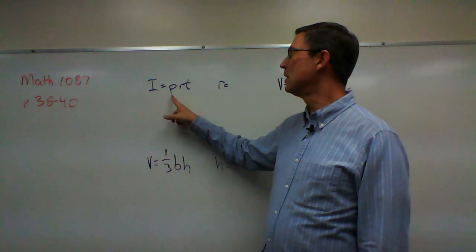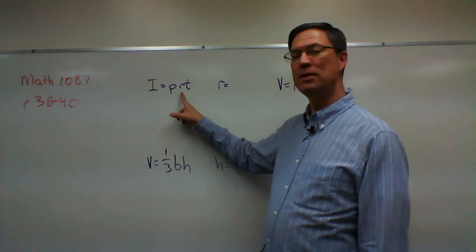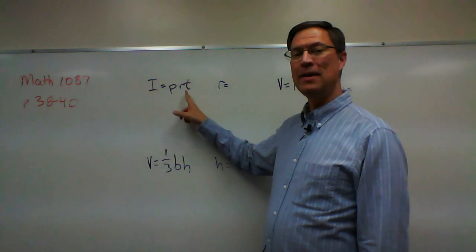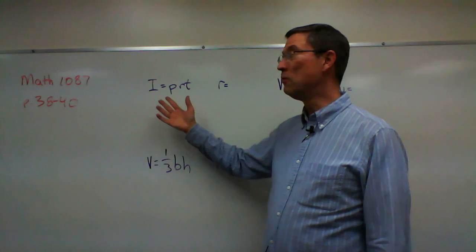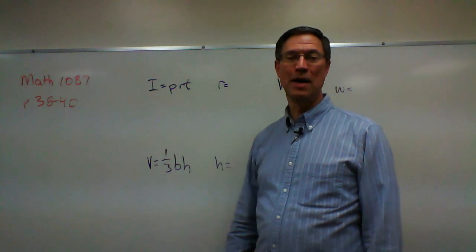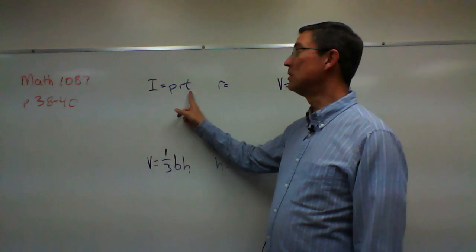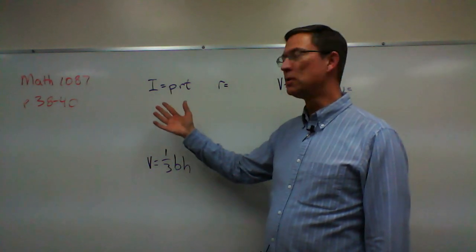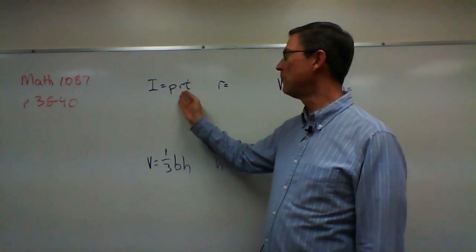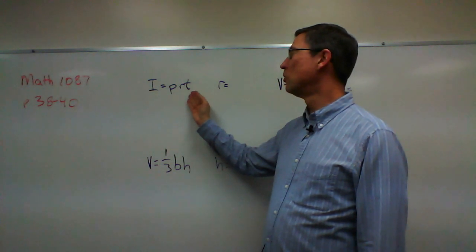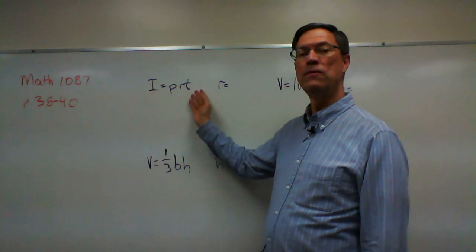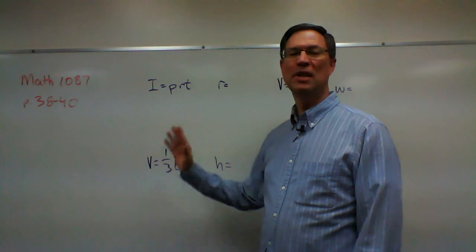So you would take 100 times 0.05 and then times 1. So you would earn $5 in interest for that $100. If you changed the t to 3 years, put the $100 in at 5% interest for 3 years, then you would have earned $15, okay? Anyways, that's what the formula means.